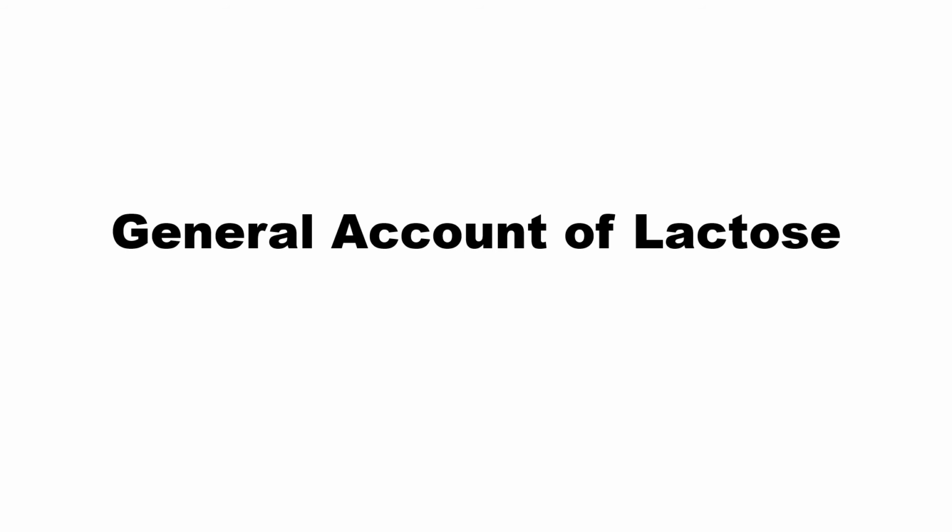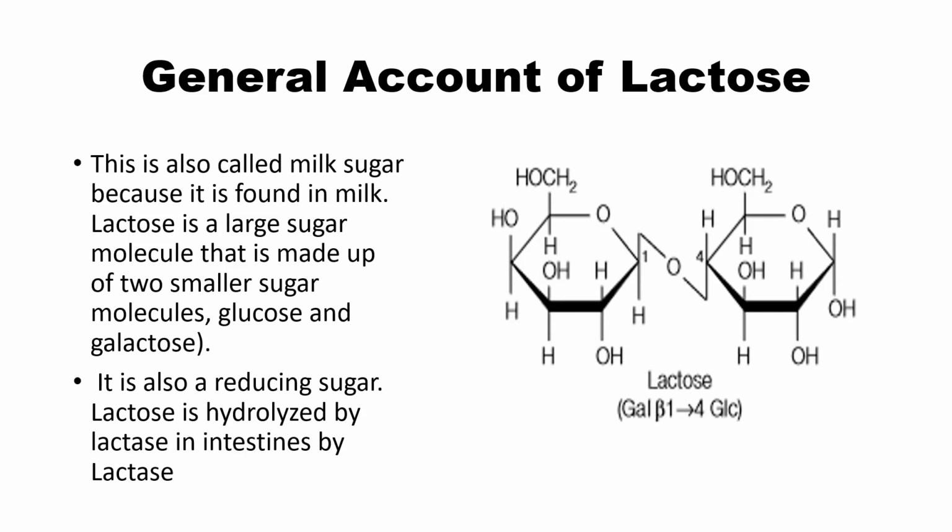General account of lactose. It is called the milk sugar because it is found in milk. Lactose is a large sugar molecule that is made up of two smaller sugar molecules, glucose and galactose. It is also a reducing sugar.